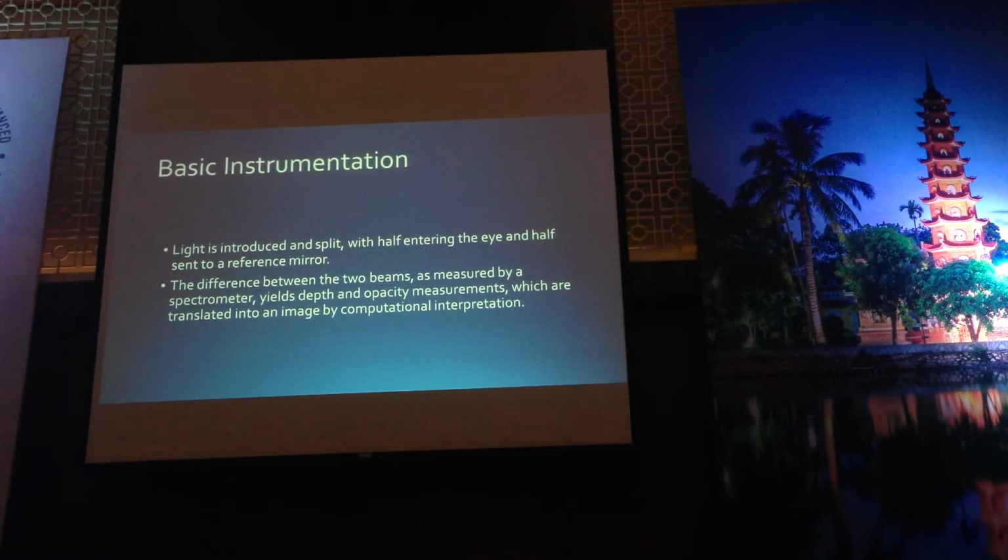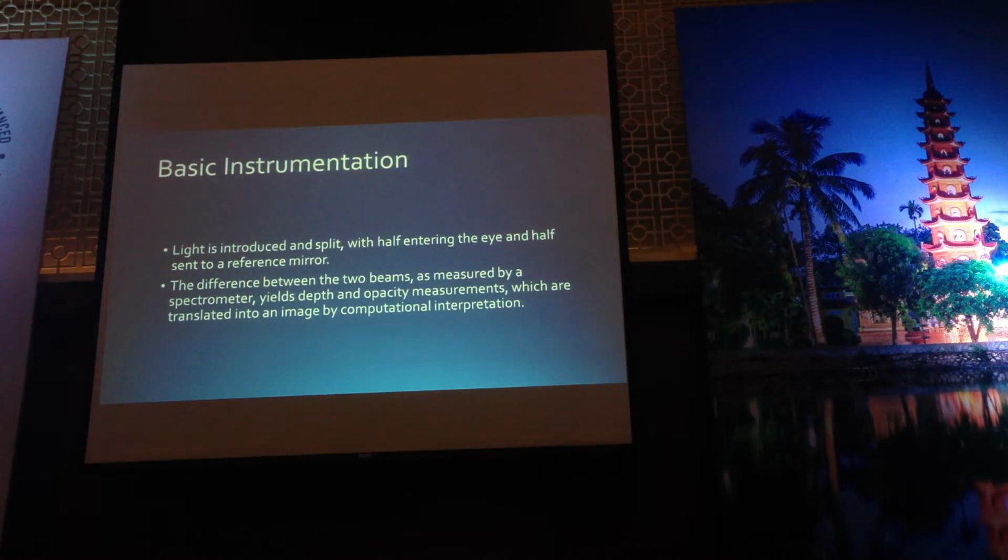So in terms of basic instrumentation for the OCT machine, the light is introduced to the eye, but it's not as easy as the last slide that I showed you. Actually, you have a splitter to split the light. Half of the light enters the eye, but half of the light is sent to the reference mirror.